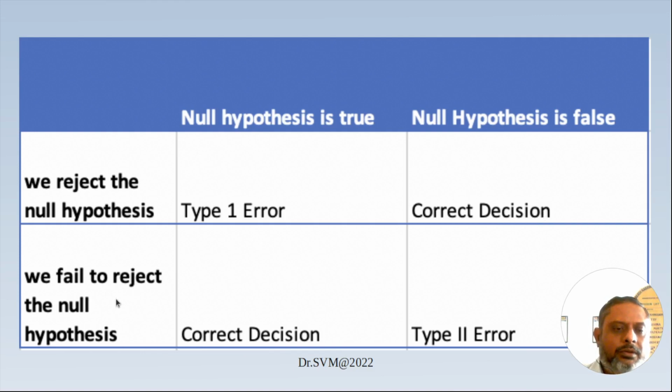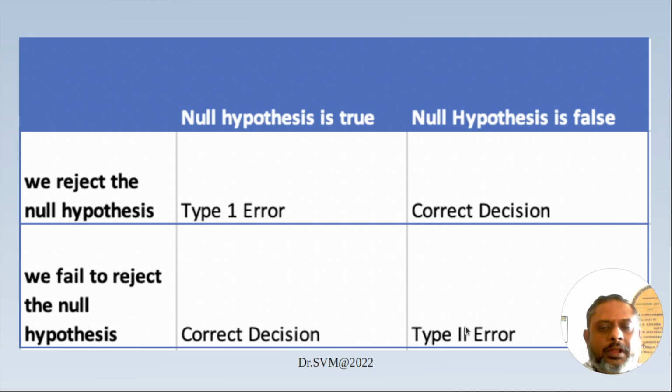Then we fail to reject the null hypothesis when the null hypothesis is true. Yes, that's also a correct decision. But if the null hypothesis was false, and we could not reject it, yes, that's an error. This is a type 2 error.